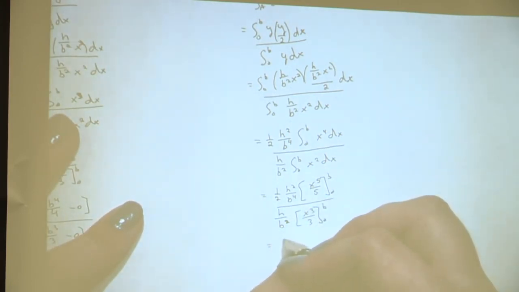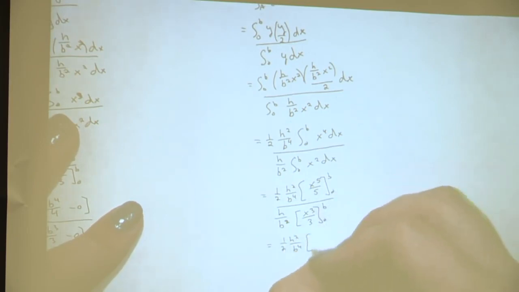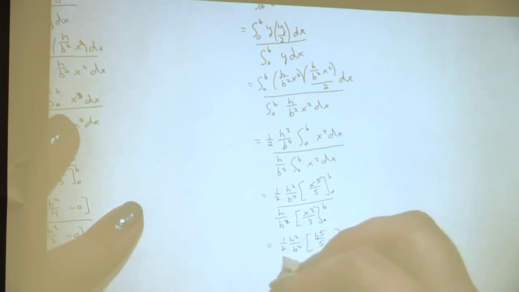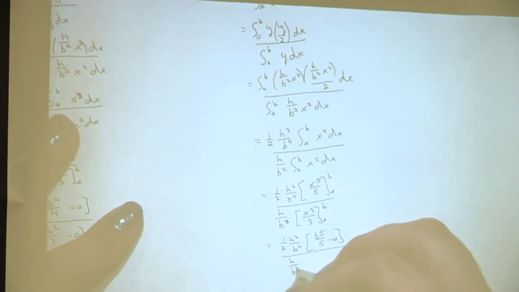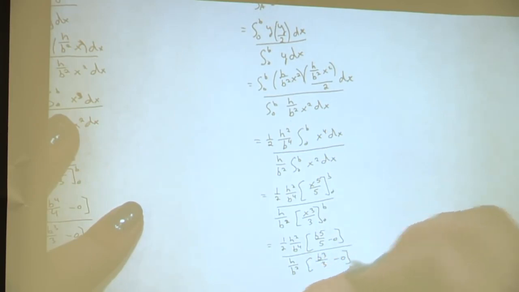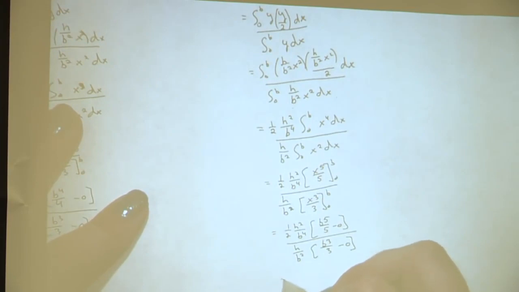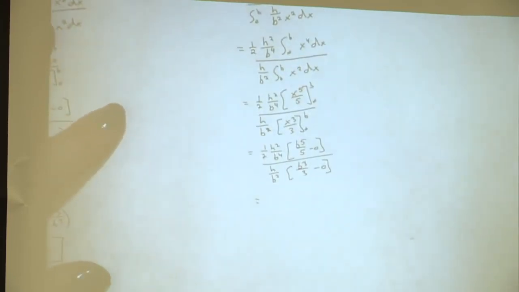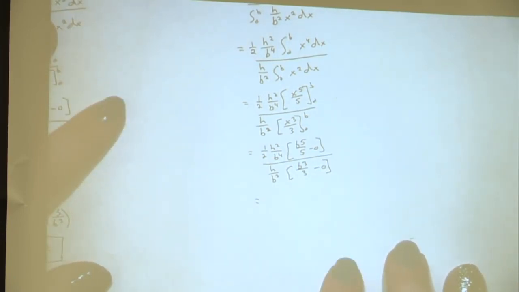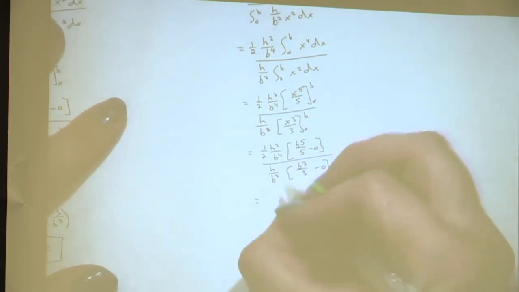Then we'd have b to the 5th over 5 minus 0, bringing our constants down again, and then b cubed over 3 minus 0. Okay, so can we simplify this top part a little bit?